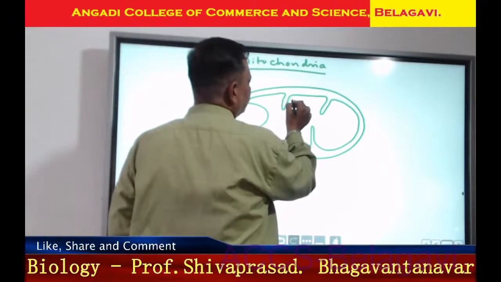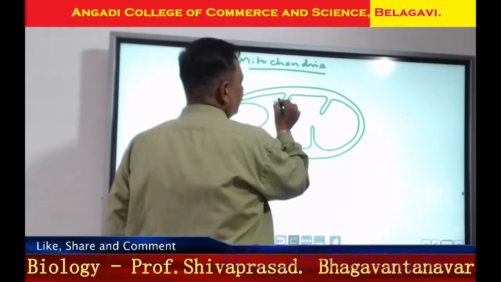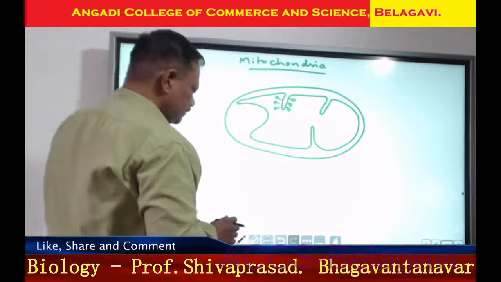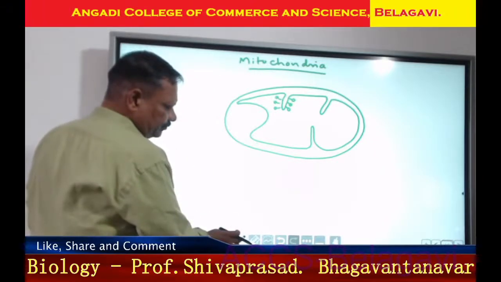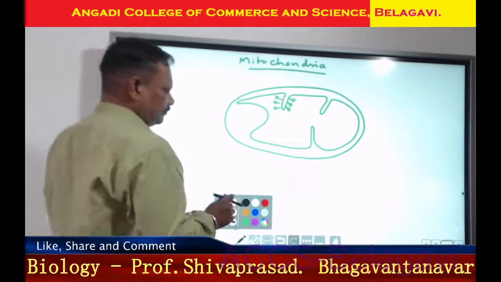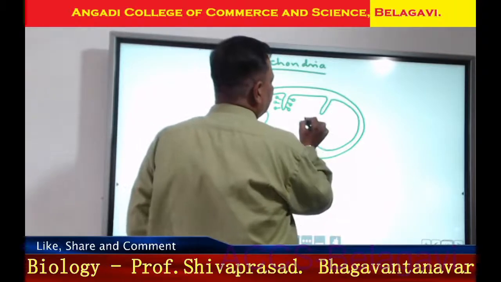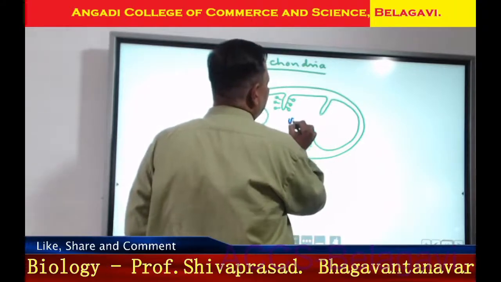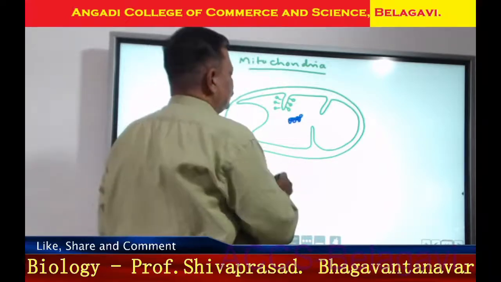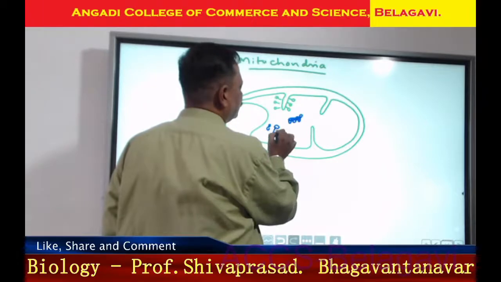Here you can see Racker's particle. Now see, here you can see a DNA and also ribosomes.